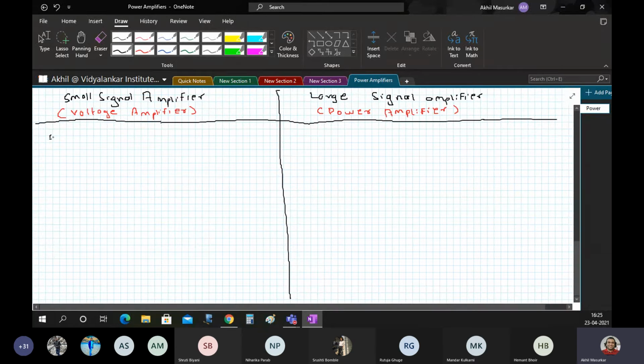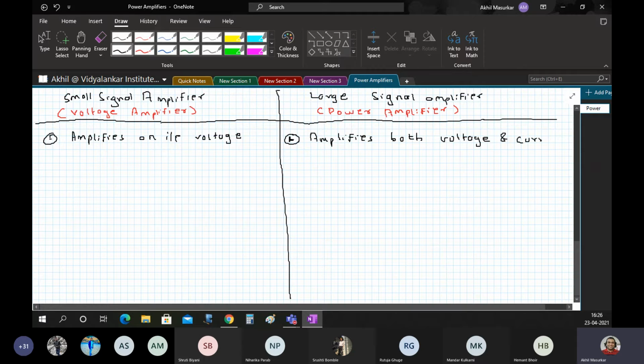The most distinguishing point is that the voltage amplifier amplifies only input voltage, and the power amplifier amplifies both voltage and current.